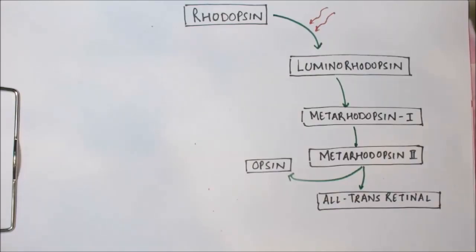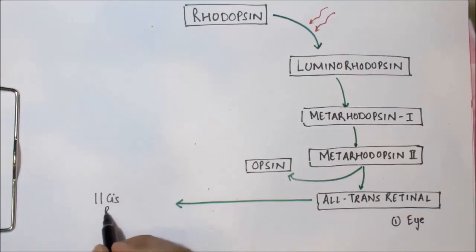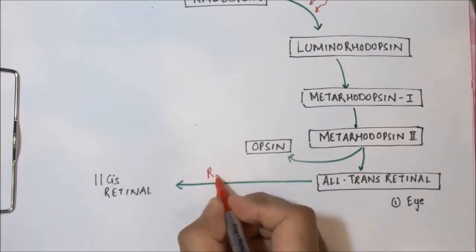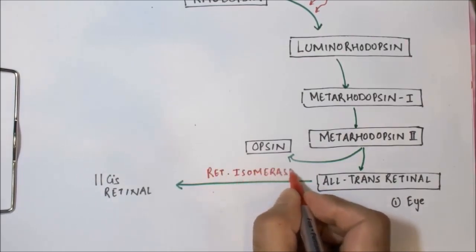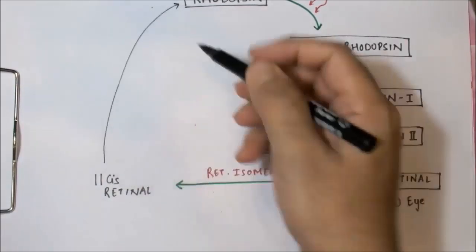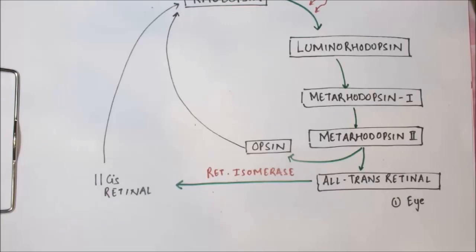Now let's see what happens in the eye. It has to get converted again into 11-cis retinal for its conversion to rhodopsin. In the eye, all-trans retinal is converted to 11-cis retinal through the retinal isomerase enzyme, and this 11-cis retinal and opsin again form rhodopsin.